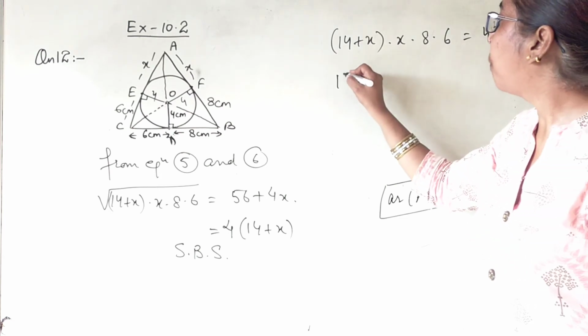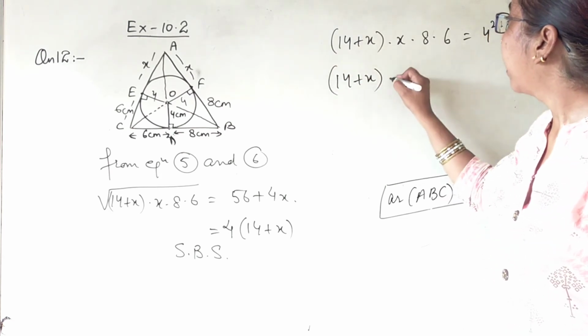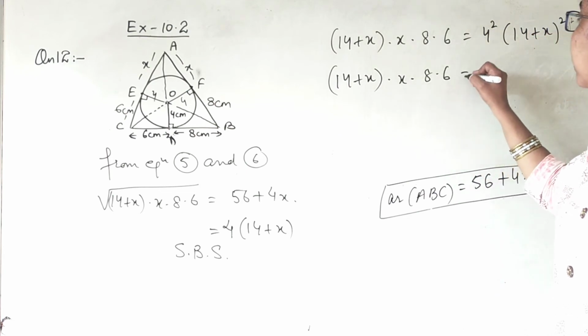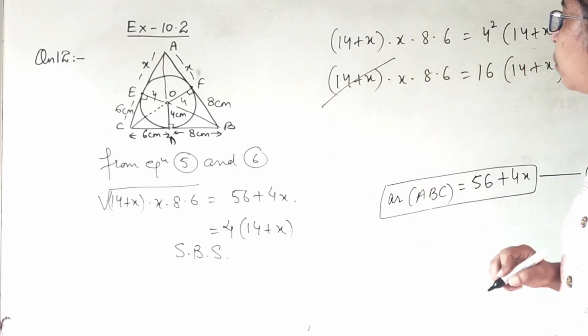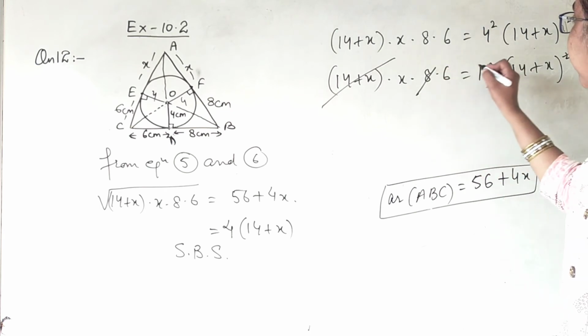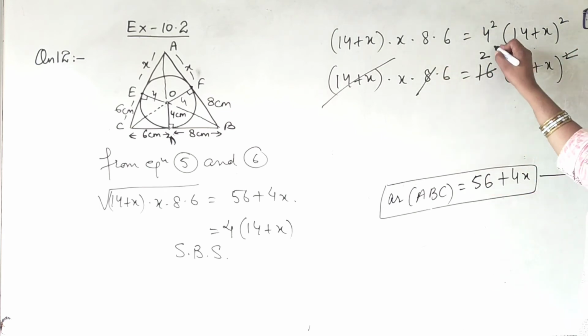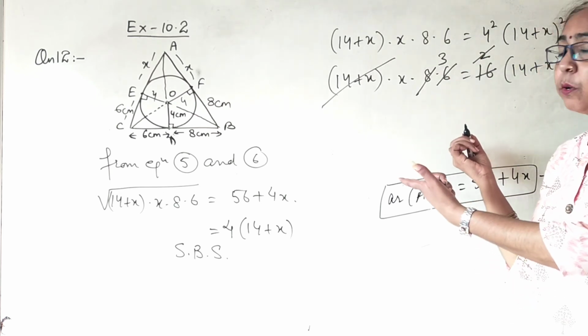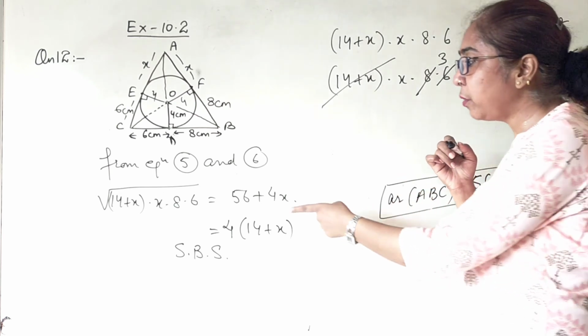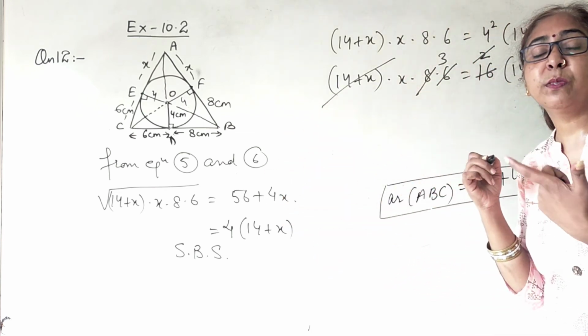So now 14 plus x into 8 into 6 is 48, equal to 16 and 14 plus x whole square. Now can you observe something? Yes, definitely this will cancel out the whole bracket, and 8 2s are 16 and 2 3s are 6. Okay, now the calculation will be easy. If I had not taken the common here, the calculation would become so long.